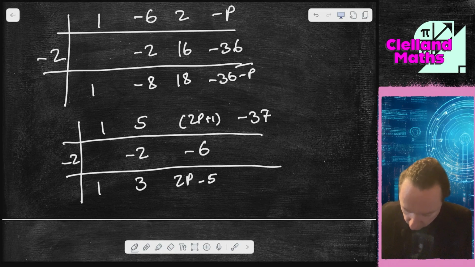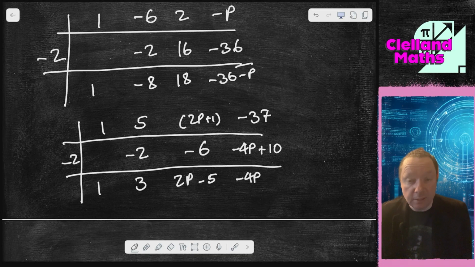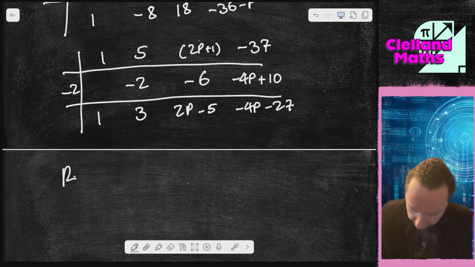And then 2 2s is 4. 2 5s is 10, but it's a plus. So minus 4p plus 10. 10 minus 37 is minus 27. Remainder same.